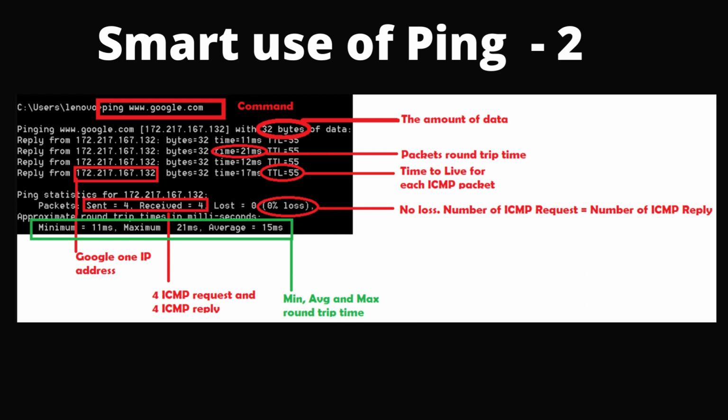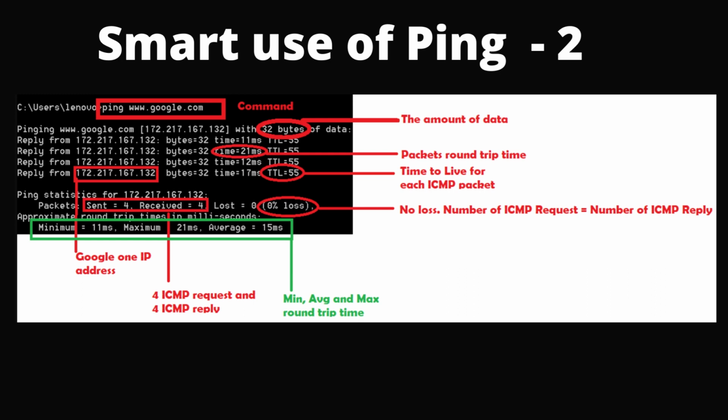Now, every time you are pinging and someone is replying back, you can see the statement: Reply from that particular IP, bytes, time, and TTL. We need to know the meaning of that statement, right? Reply from that IP means this is the IP which is replying to your request.